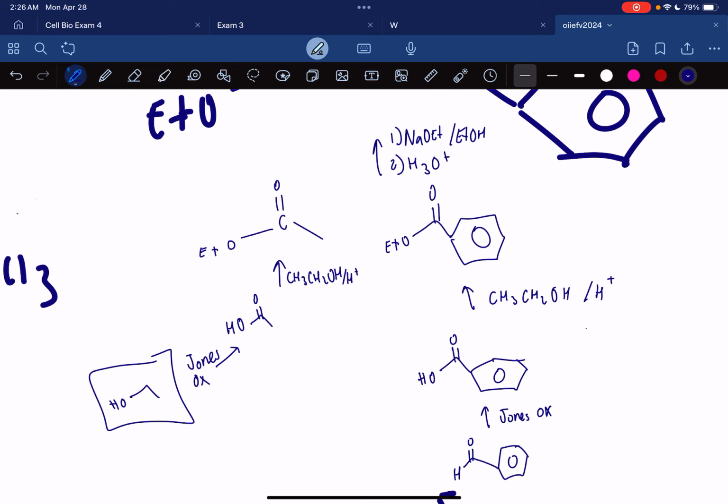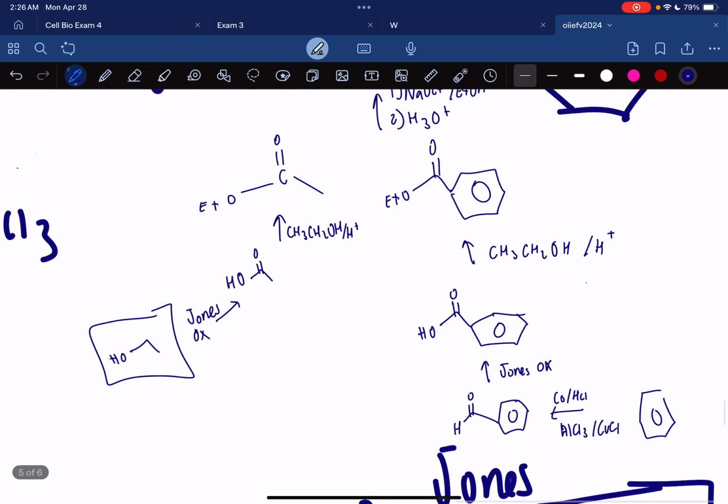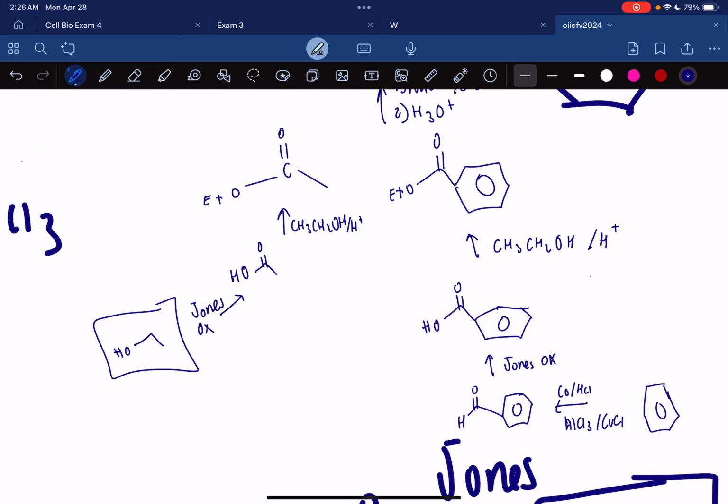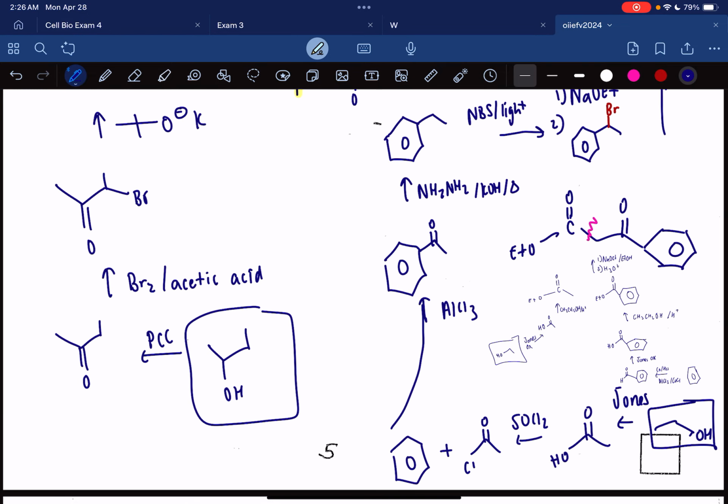And then to make the actual aldehyde, you can do on a benzene a co-alkyl, alkyl, and that will put an aldehyde on the benzene. And that is going to be it for the synthesis here.